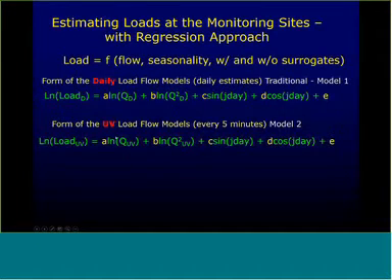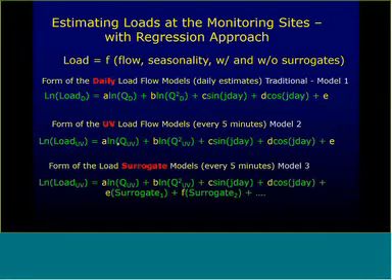So really the only difference between Model 1 and Model 2 was to go from daily flows to a much shorter time frame. And the final model was very much like Model 2, only we're also adding surrogates. So this would be looking at things like specific conductance or turbidity, or some relationship like log turbidity. So what we wanted to do was to try to find out what were the best relationships that fit each of these models.